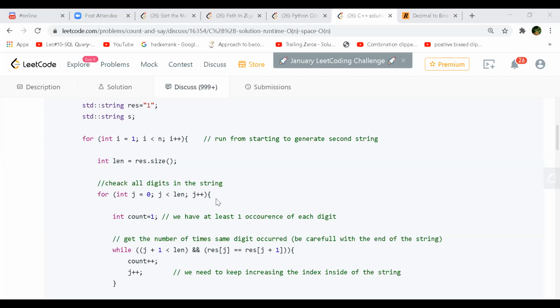Like 2 1. So length was 2. Then 1 2 1 1. It was 4. So I'm thinking it won't be n square, right? Because this inside for loop is not going to always be n. It will be lesser than n. So therefore they are assuming it will be O of n, and it's not going to be towards n square also.